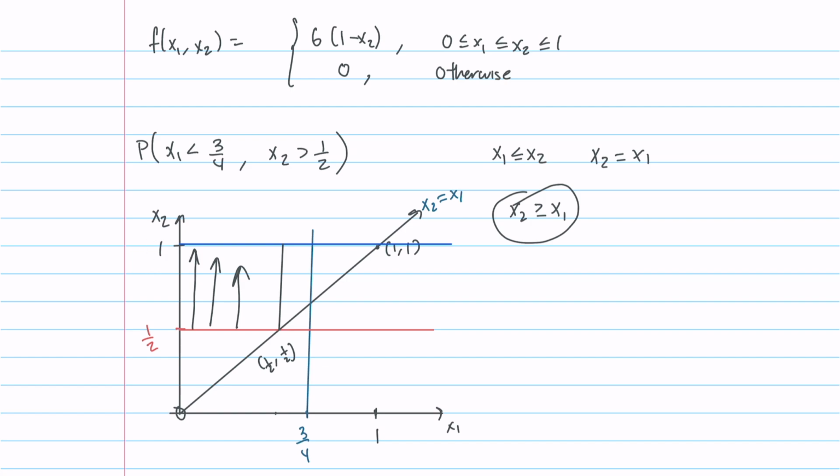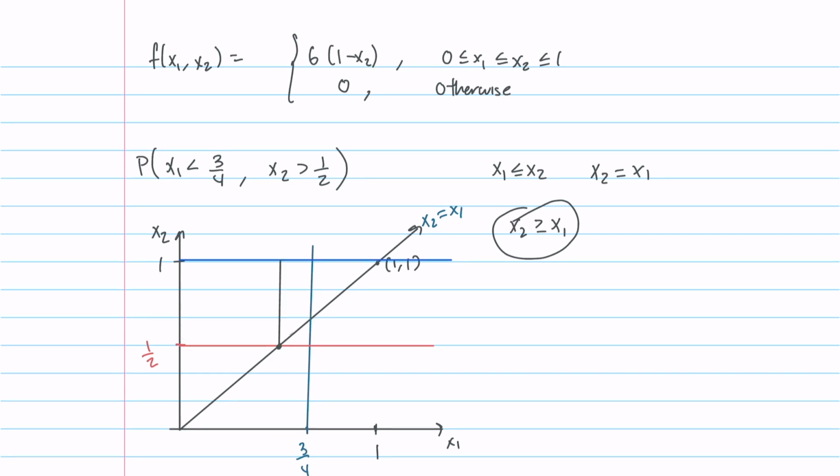So that's why we have to split it into two areas, because otherwise we run into a problem. We're integrating from here to here, but then the bounds change as soon as we get to this point. And likewise, if we start with x1, the bounds are nice and easy up until this point, and then the bounds change.